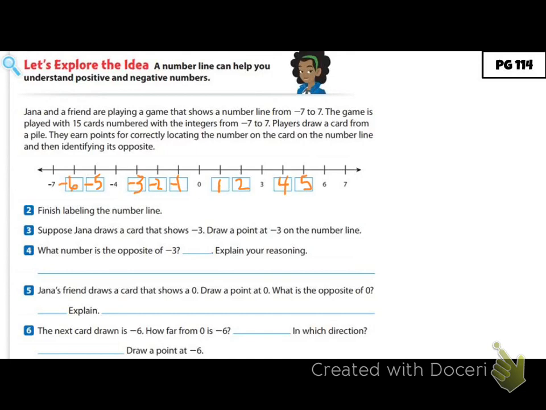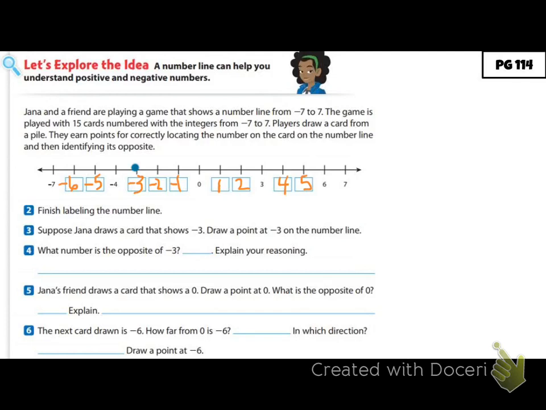Suppose Jana draws a card that shows -3. Draw a point at -3 on the number line. So now we just look at our numbers. We can see -3 is here. It is to the left of 0, 3 spaces, so we draw our point. What number is the opposite of -3? Remember, we talked about opposites on the previous page.